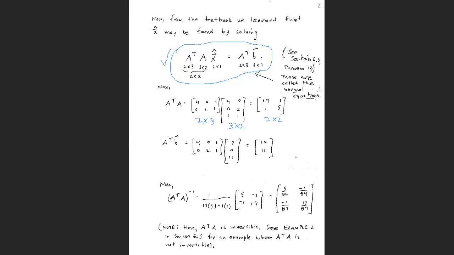Now A transpose b equals 19 and 11, that vector. And I'm going to find the inverse of A transpose A, and I'm going to show you why I do that.